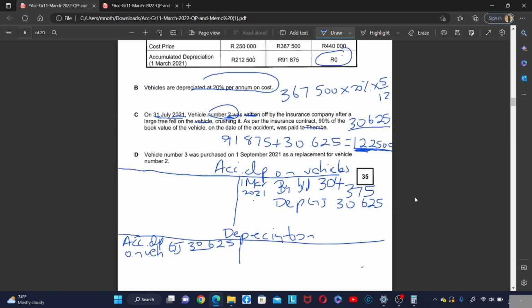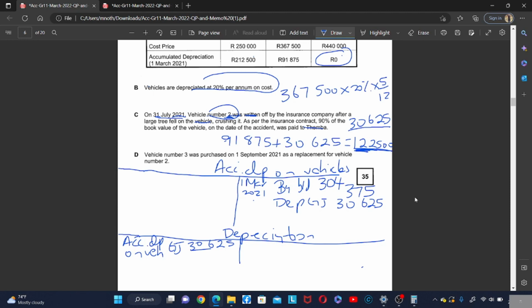So accumulated depreciation on vehicles here is decreasing, because this accumulated depreciation is no longer ours. The business got rid of this vehicle, so we have to get rid of this accumulated depreciation too.